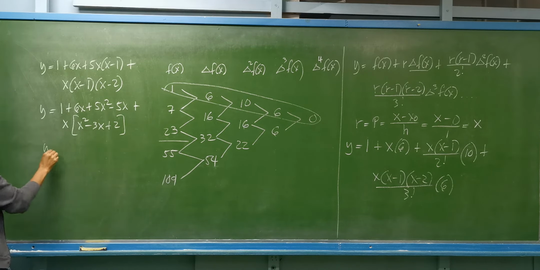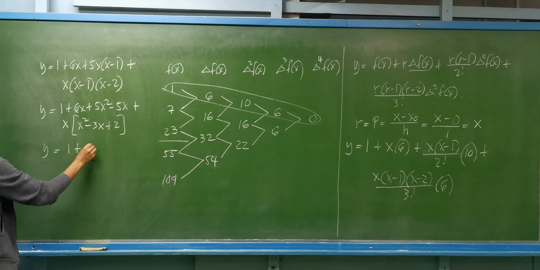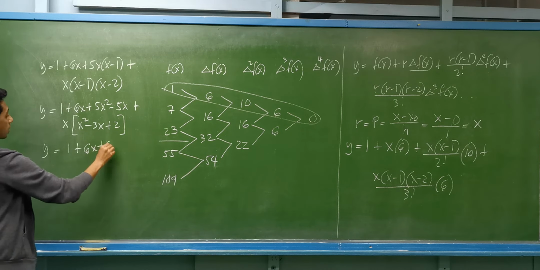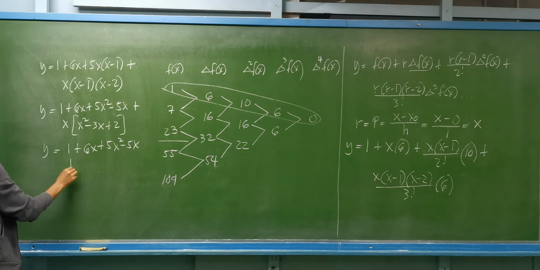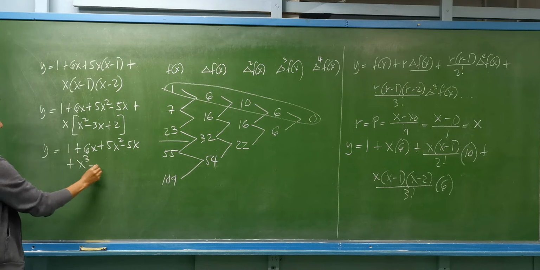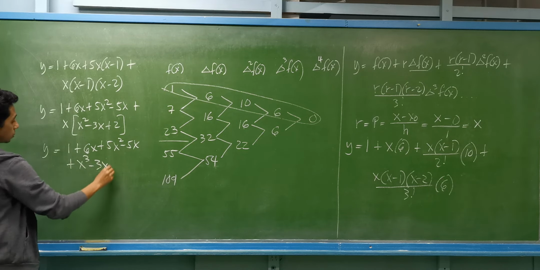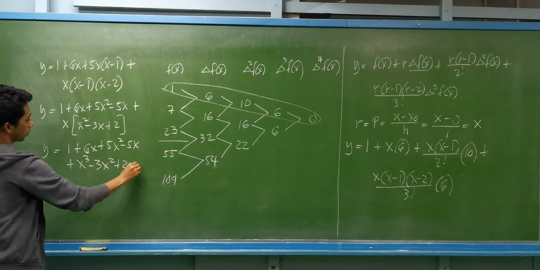Or we have the value of y is equal to 1 plus 6x plus 5x squared minus 5x plus, distributing x, x cubed minus 3x squared plus 2x.